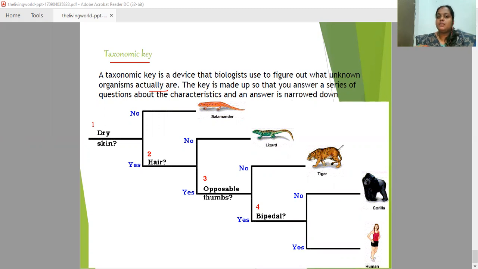We are tracking with one similarity or dissimilarity so that we can group that particular unknown organism into a particular group. That is how the classification is done. Based on similarity and dissimilarity, the organism is put into one category. So the taxonomic key is a very important device for biologists to figure out what unknown organisms actually are. So that is all about the taxonomic key.